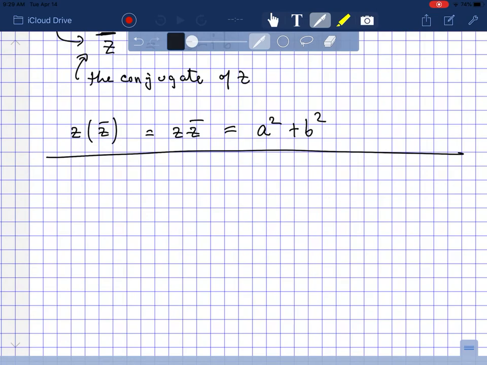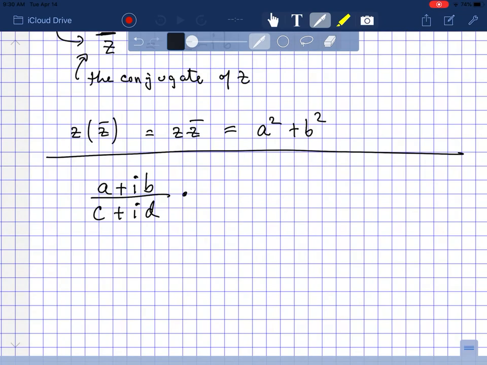Now, there's another operation that we need to talk about, and that's division. So I have a plus i times b divided by c plus i times d. So this is going to be a complex number divided by a complex number. And what I'd like to do is figure out what is the real part of this number and what's the imaginary part of this number. So I'm going to have to perform some sort of operation in order to make this denominator a real number.